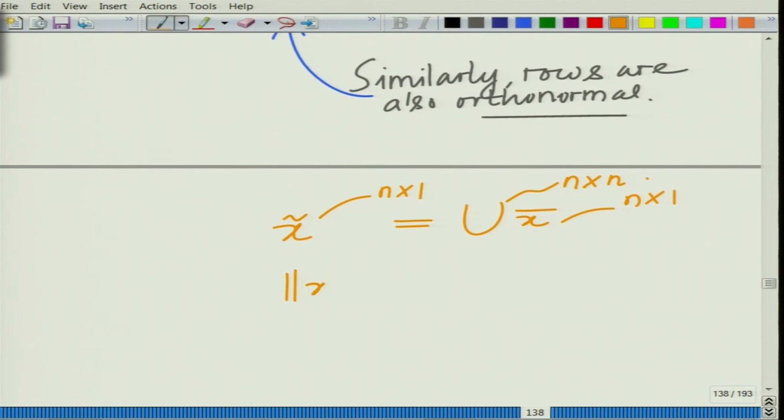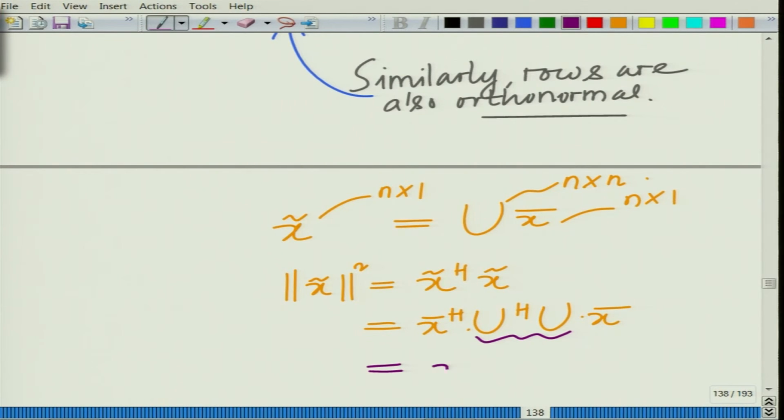Then the norm of x tilde squared is equal to x tilde Hermitian x tilde, which is x bar Hermitian u Hermitian u times x bar. Now you can see u Hermitian u is identity. So, this is simply x bar Hermitian x bar, which is equal to norm of x bar squared.